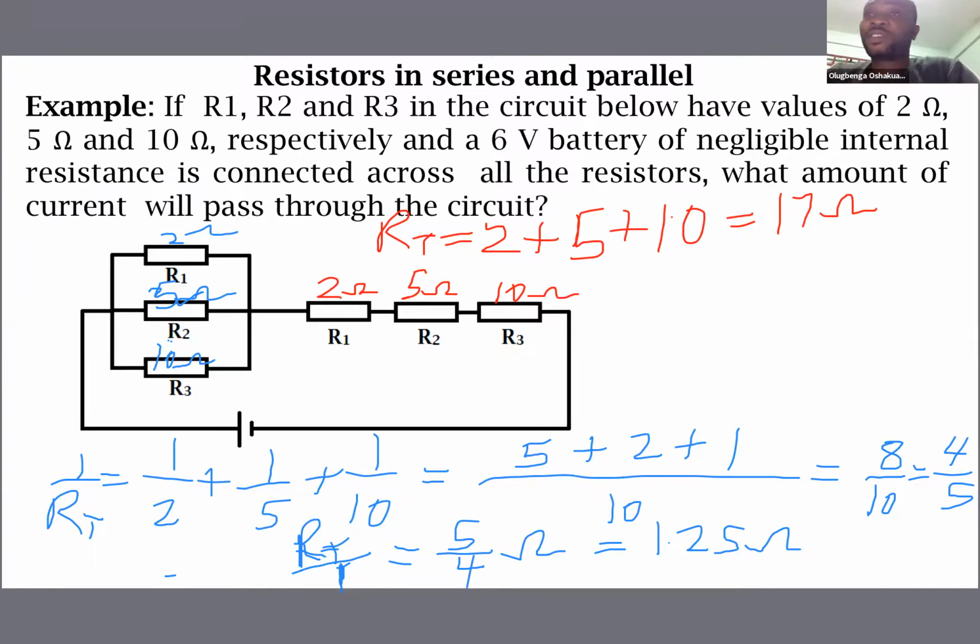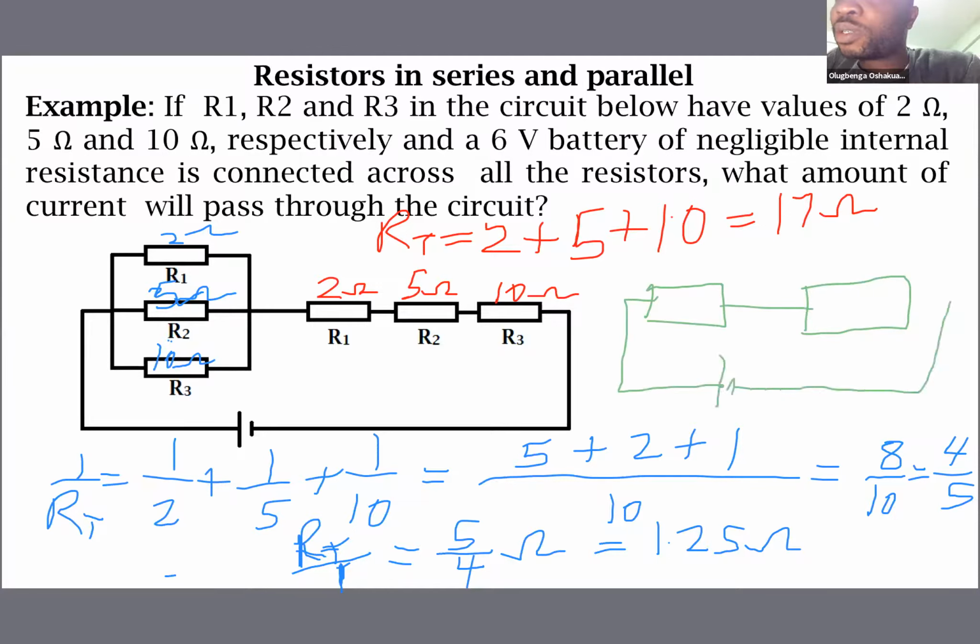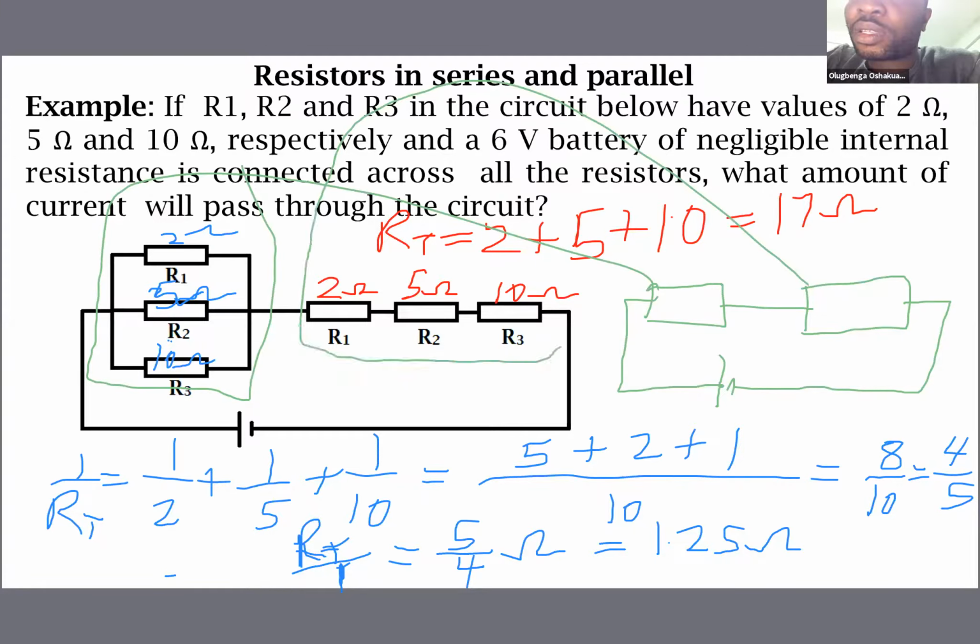And since the circuit we had earlier is something of this nature, where these 2 resistors are connected to the battery, this should represent everything here, while this should represent everything here.